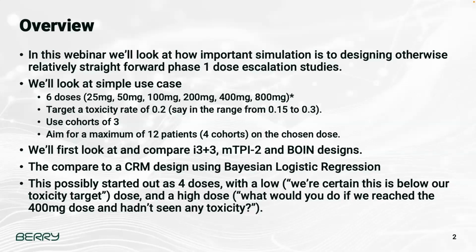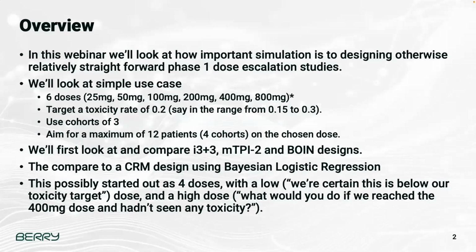But we've maybe gone back to them and said, well, I really need a very low dose, which you're almost going to guarantee me is safe and below the target toxicity, so that I can drop back to it if we are unfortunate in seeing toxicity at the first dose.